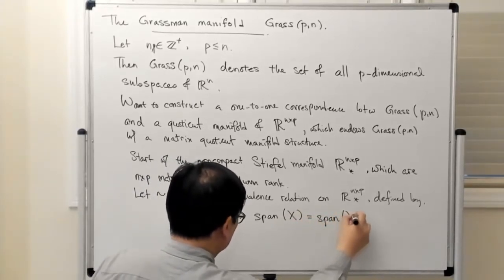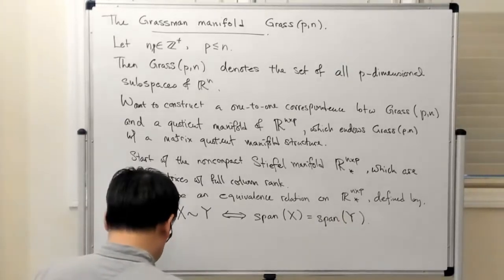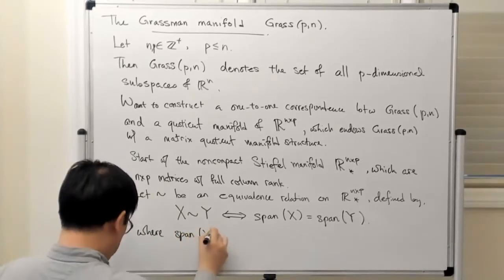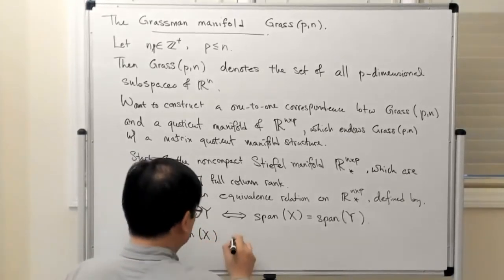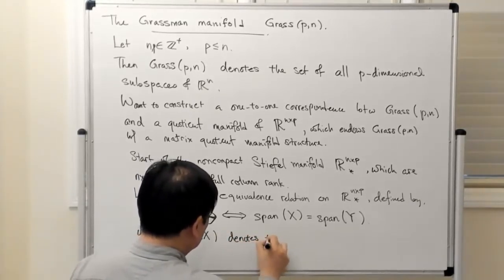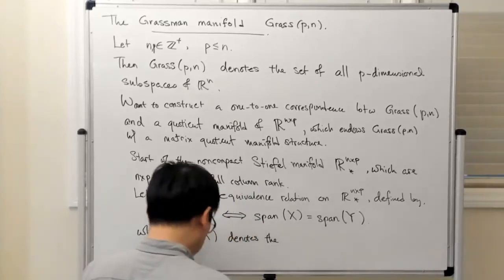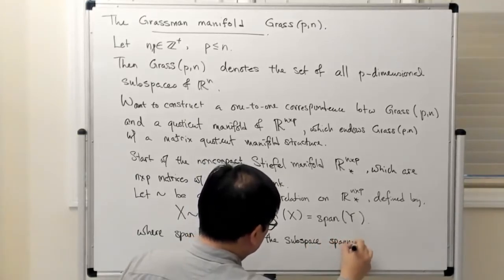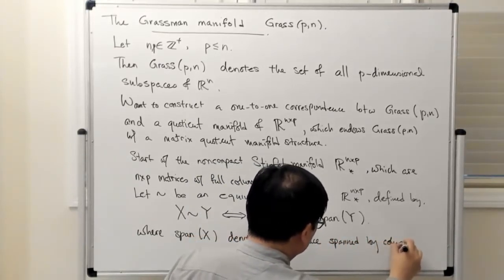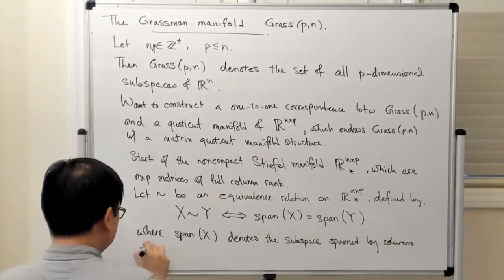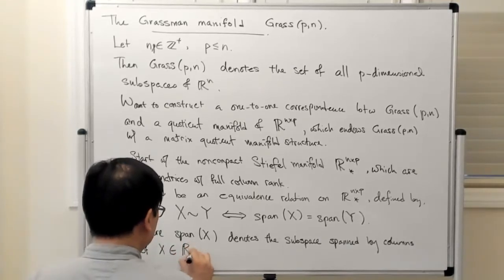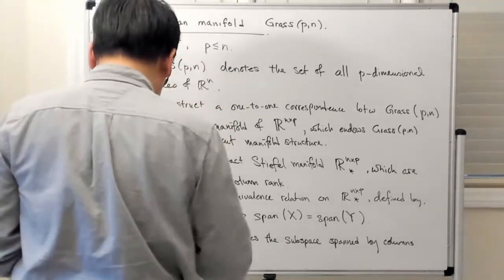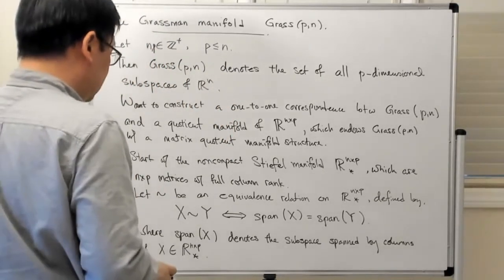Where the span of X denotes the subspace spanned by the columns of the matrix X, which is again in this non-compact Stiefel manifold, which means these are linearly independent column vectors.